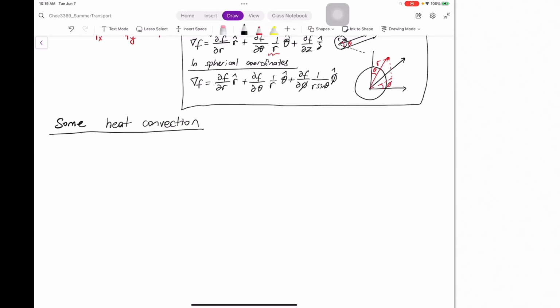So we are going to learn about heat convection in detail later, but just to be able to solve a couple of problems, I would like to briefly mention what heat convection is and how we can model it in a very crude way. Okay. So we're going to learn what's called Newton's law of cooling.